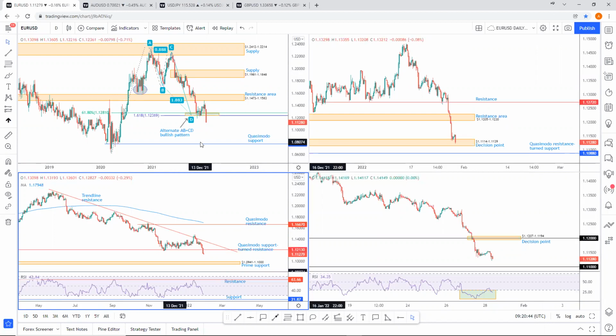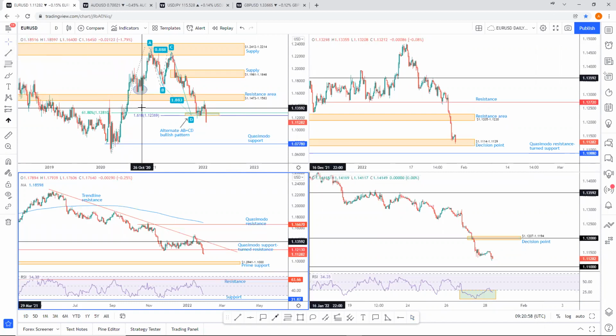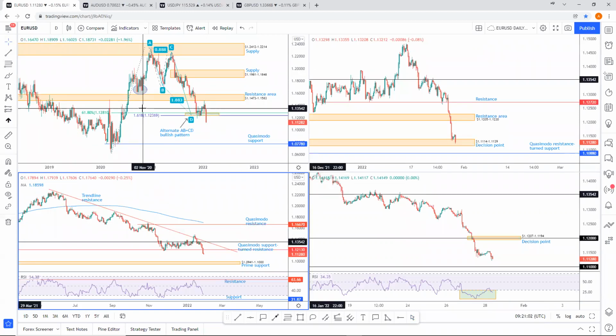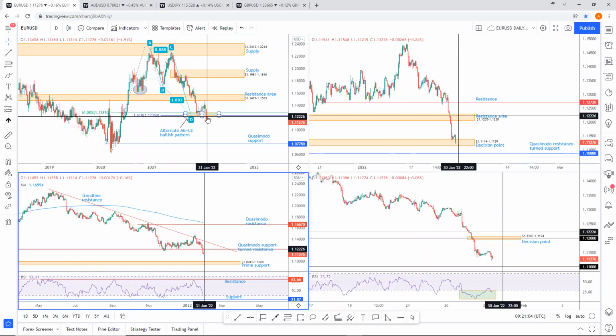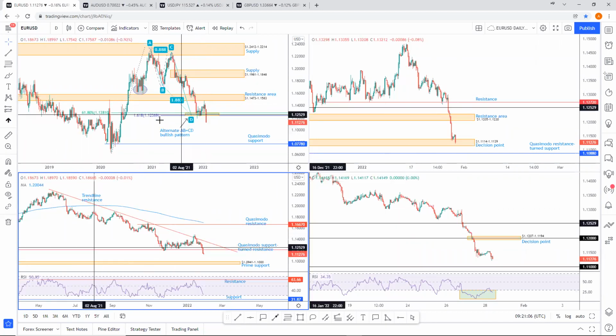As you can see, it is a clear downside bias, and also just to emphasize, the trend on the weekly time frame is clearly lower now after taking out the low around, let me just get my crosshairs on, the low around the 2nd of November low in 2020. So this has confirmed a potential downtrend on the weekly time frame.